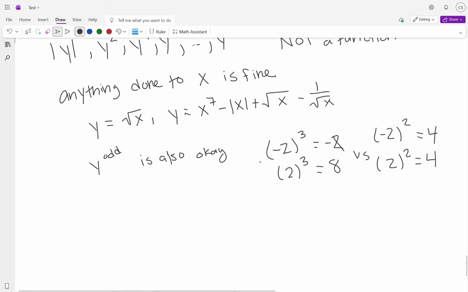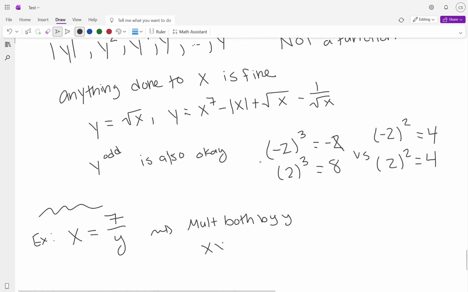Something I do want to say, one other kind of weird one, just to end us with. Let's say I have x equals 7 over y. You're looking at this and you're like, something's been done to my y, but you can do a little bit of algebra. So let's multiply both sides by y. So I have x times y equals 7 over y times y.